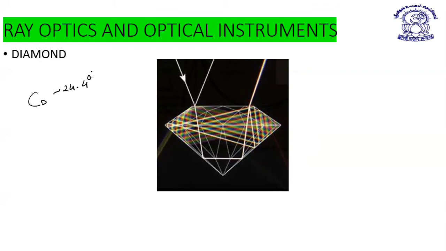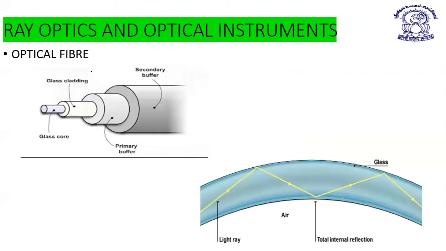By cutting the diamond suitably, multiple total internal reflections can be made to occur, and we can make the diamond more shiny.